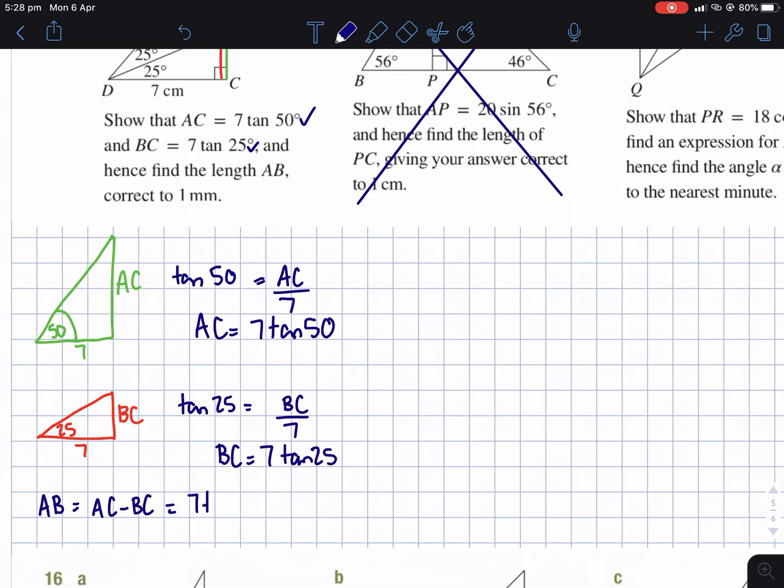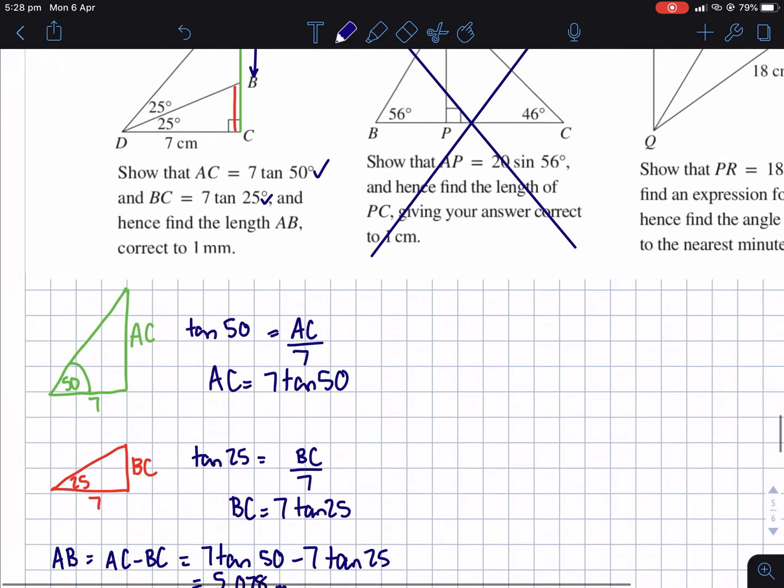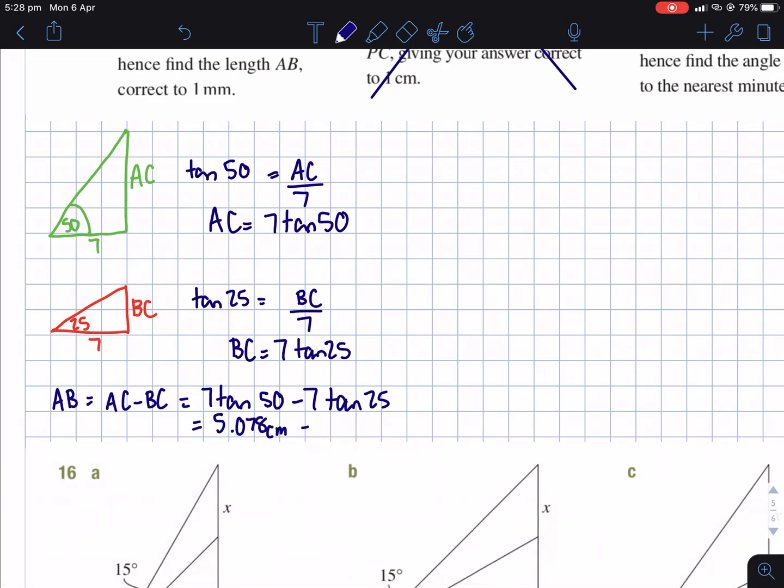So we've got 7 tan 50 minus 7 tan 25, which gives us 5.078. I feel like I've gotten so slow on my calculator. Millimeters, is that meters? Centimeters. Which is to the nearest millimeter, 5.1 centimeters, because that's 51 millimeters.